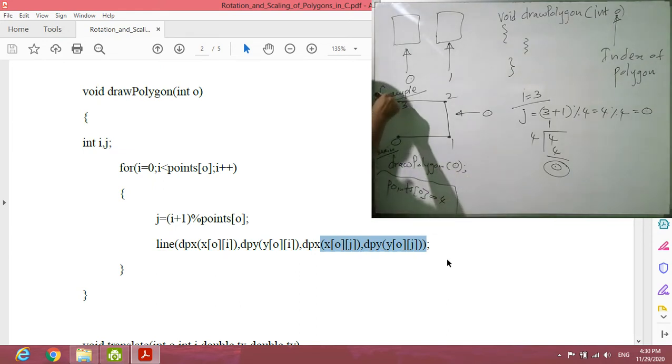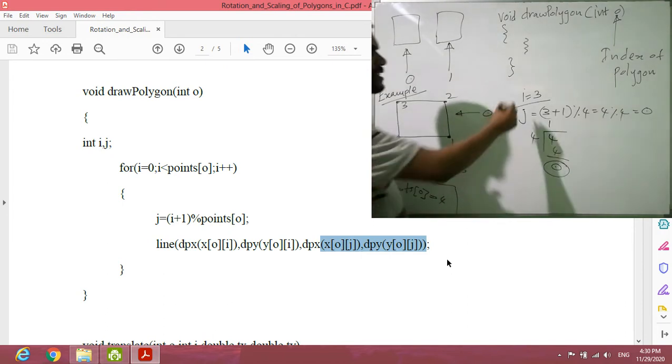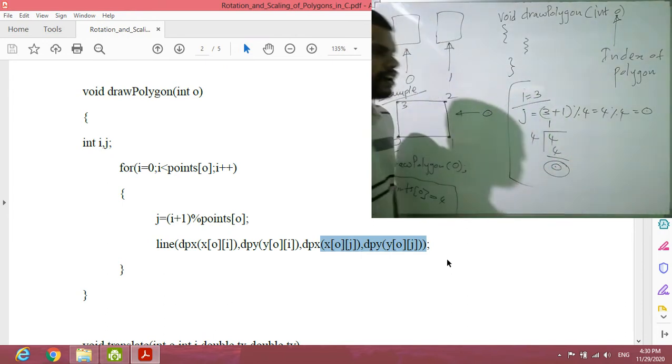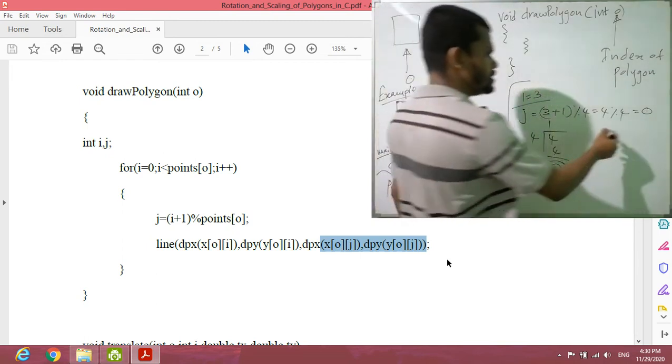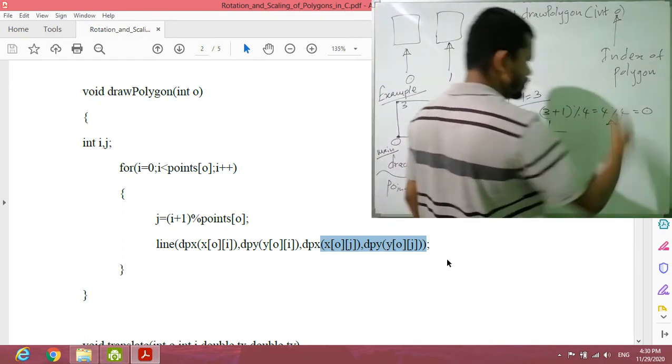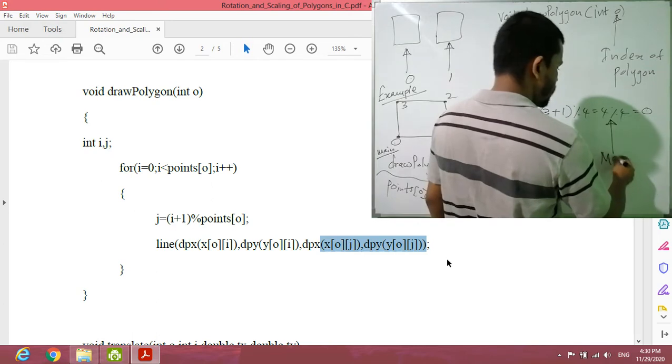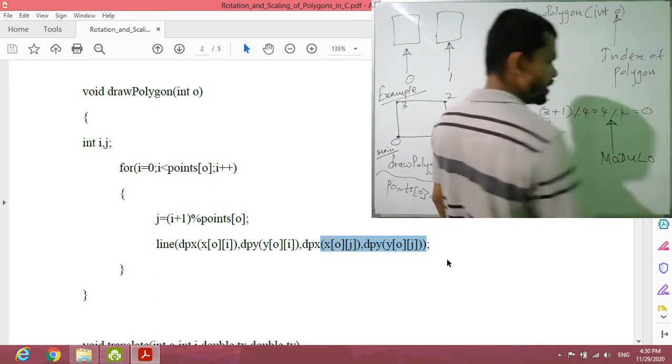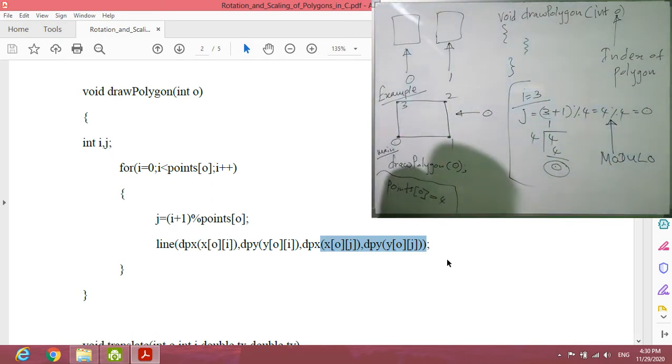Now I hope you have understood why I have used the modulo operator here, in order to connect this vertex with this one. You can pause the video and think again and try to understand.